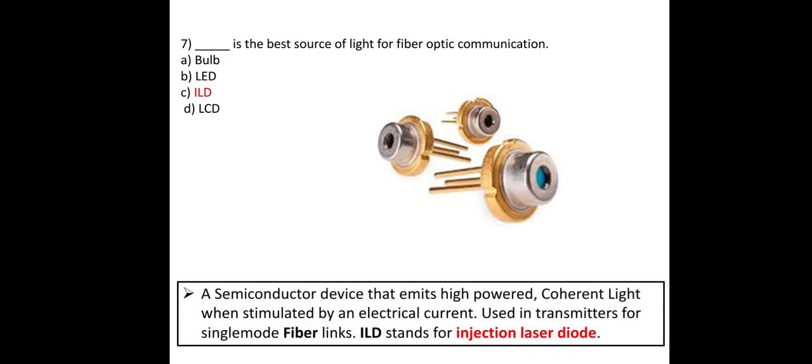Okay. A semiconductor device that emits high powered coherent light when stimulated by electrical current, used in transmitters for single mode fiber links. ILD stands for injection laser diode, the best source of light for OFC communication.